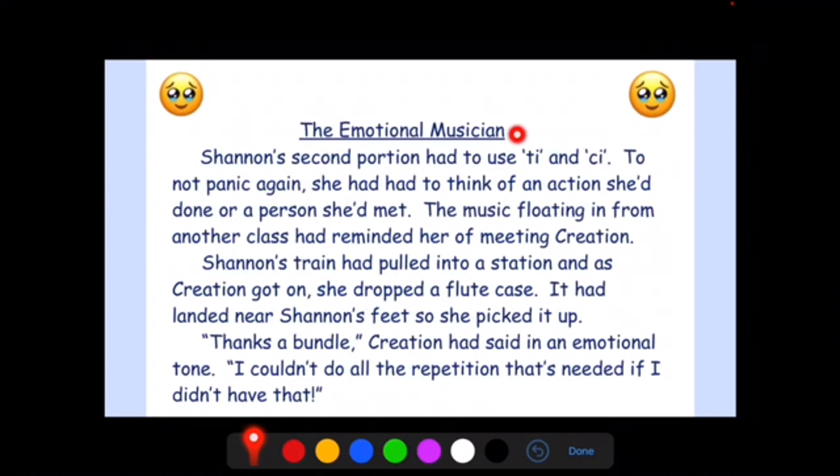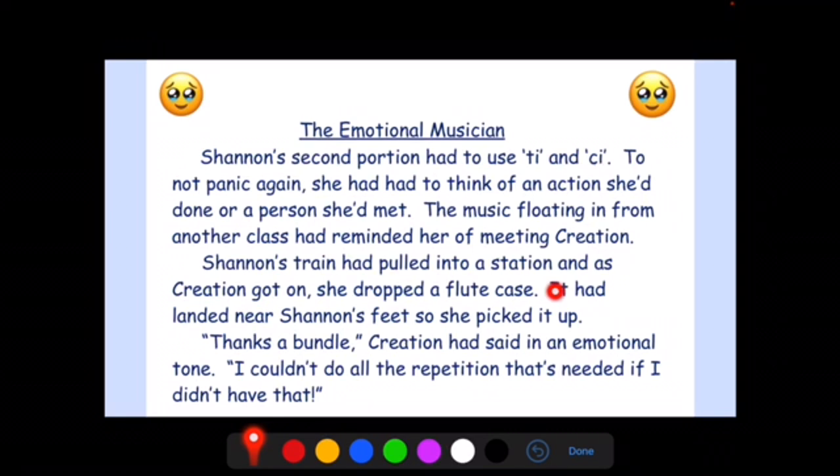The emotional musician. Shannon's second portion had to use T-I and C-I. To not panic again, she had to think of an action she'd done or a person she'd met. The music floating in from another class had reminded her of meeting creation.